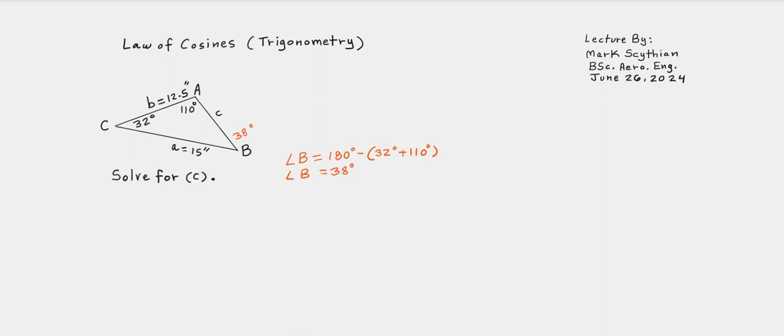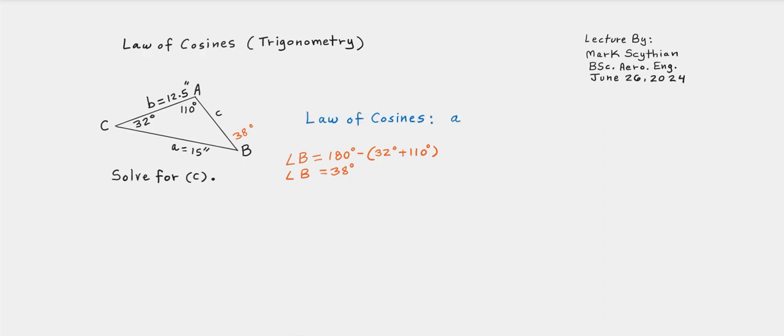So if we subtract the sum of 32 and 110 degrees from 180, we can quickly calculate the value of angle B, which is 38 degrees. So that is a technique to data mine all information you can solve without any particular mathematical fundamental first, based on axioms such as all triangles have 180 degrees.